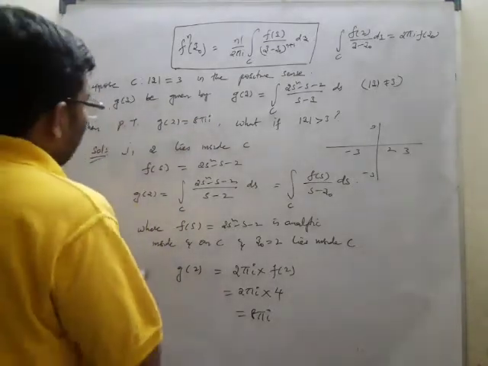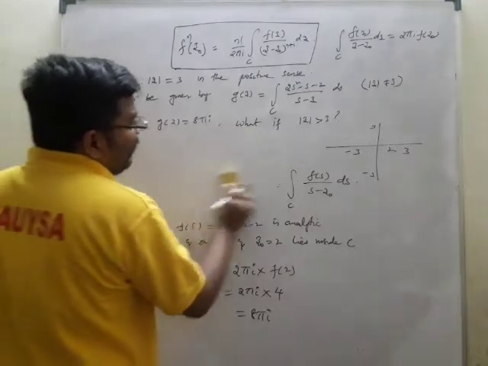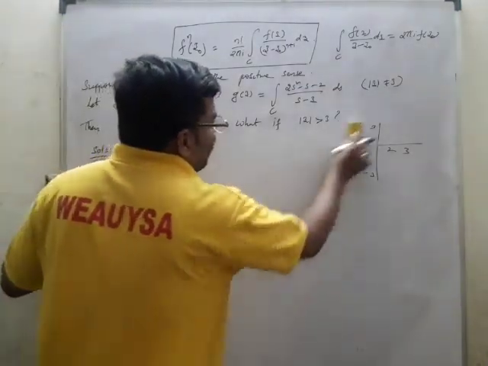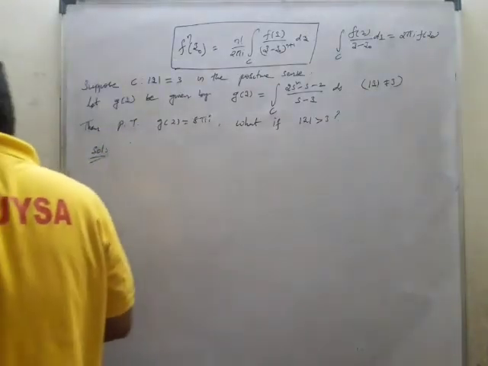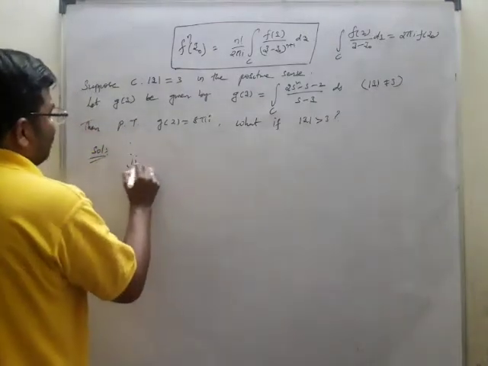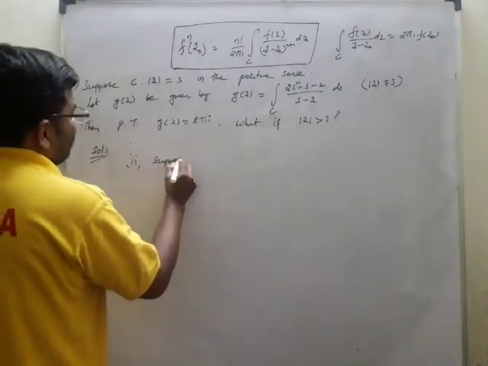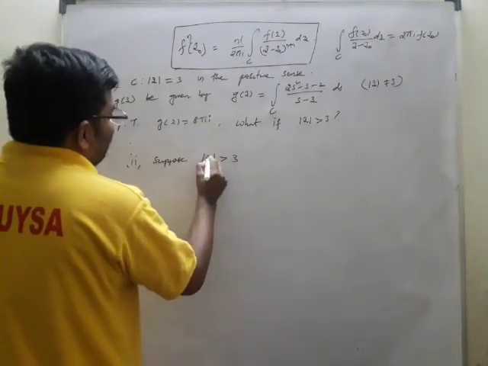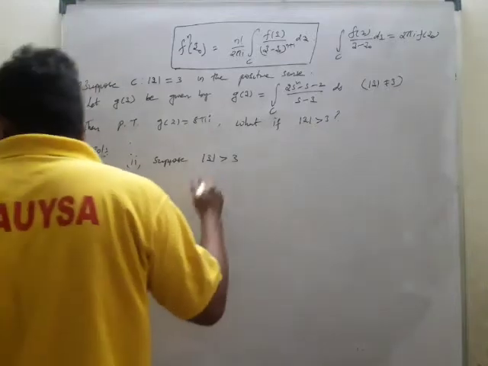Now we have to find out, if mod z is greater than 3, what is the value of that? Suppose mod z is greater than 3. Mod z value means it's not 2, it's greater than 3.